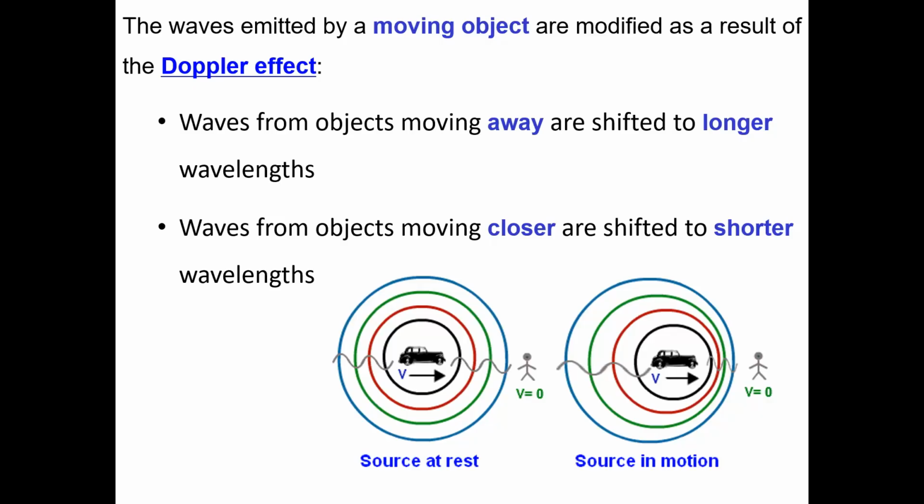Now, you probably have heard of the Doppler effect. When waves are emitted by a moving object, they're modified. So if we have a car that is at rest, that's making sound waves, we're hearing the true frequency or the true wavelength of those sound waves.